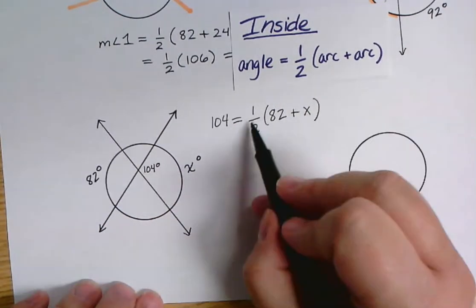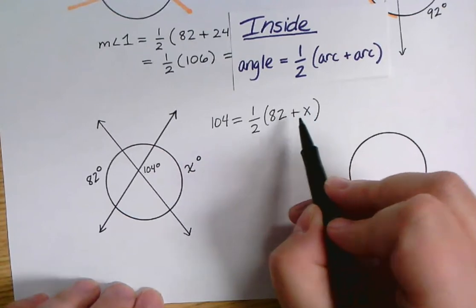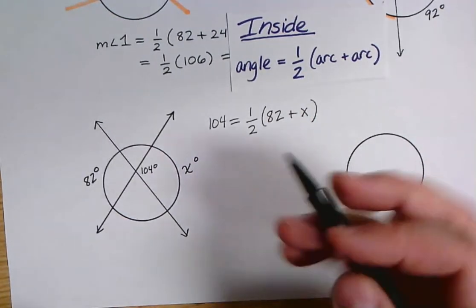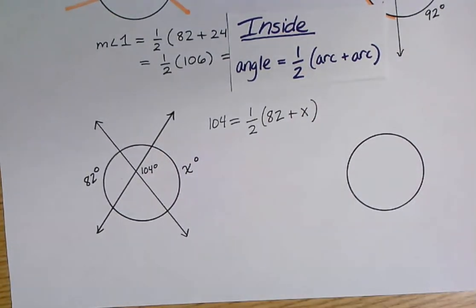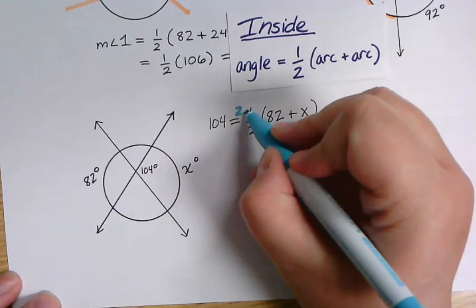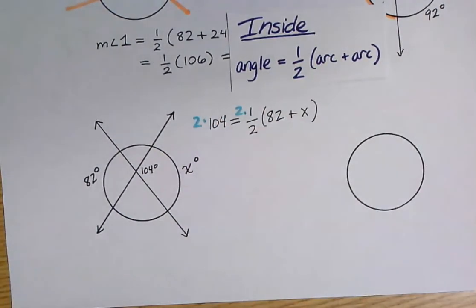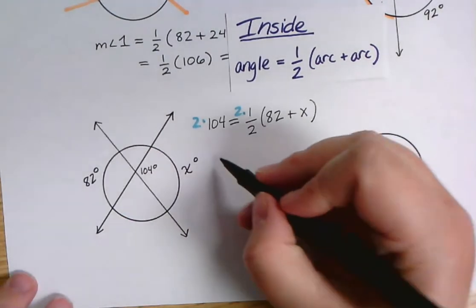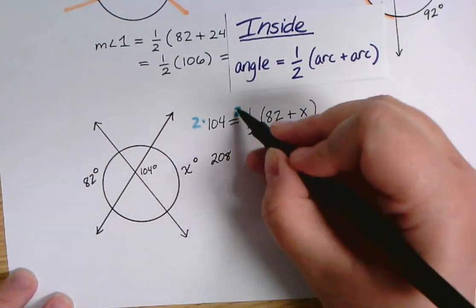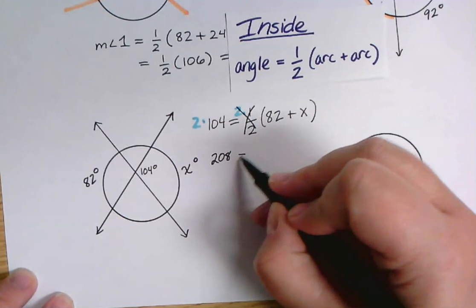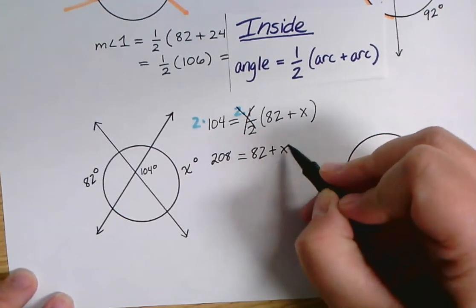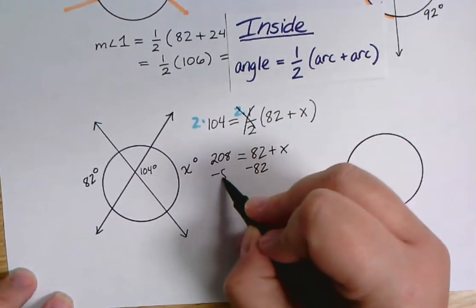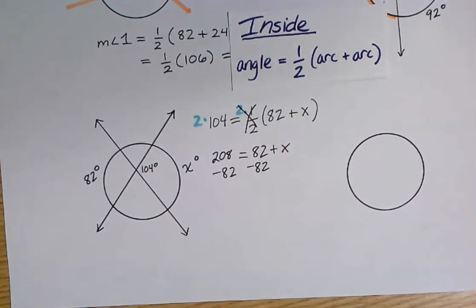We could either distribute this 1/2 or we could get rid of it by multiplying both sides by 2, which I favor. So I'm going to multiply both sides by 2. That means on the left I'll have 208. On the right, this guy cancels out and I just have 82 plus x. Subtract 82 from both sides, and 208 minus 82 will give me my answer.